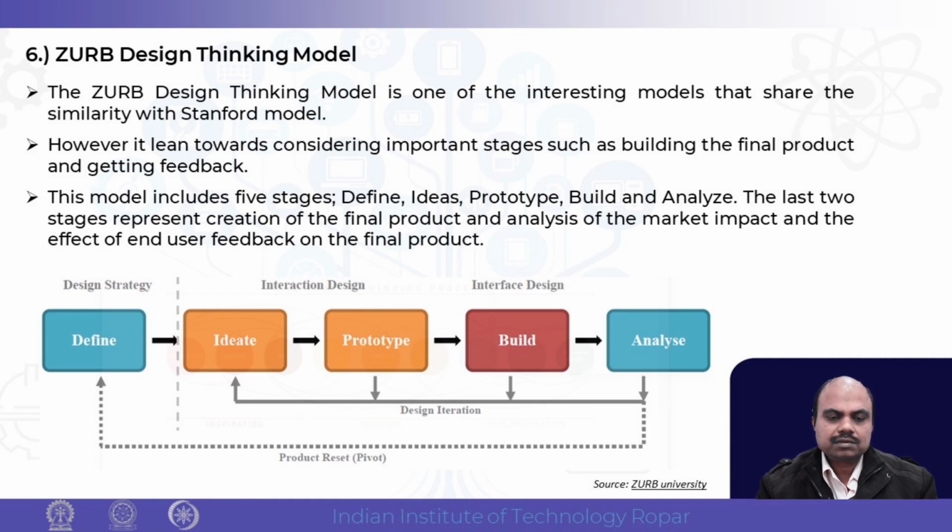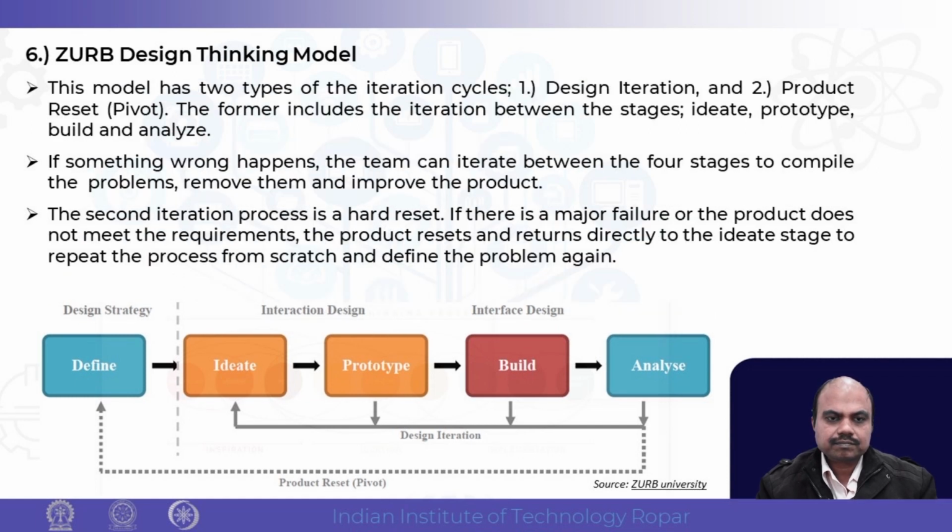In this case, if you see, first is design strategy, which falls under defining, then interaction design is the ideate and prototype, then build and analyze. So basically, it is an iterative cycle. This model has 2 types of iteration cycle: one is design iteration, and the other is product reset, or pivot.